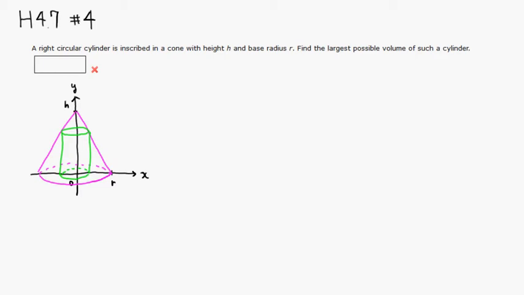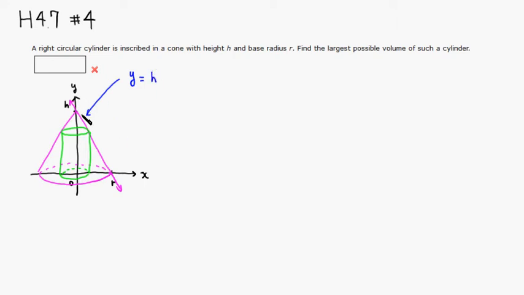The first thing I would do is come up with the equation for the line here on the xy plane. That's just a trace of the cone with the xy plane, right? This is fairly easy to find because we know the y-intercept is h, so we put that there.